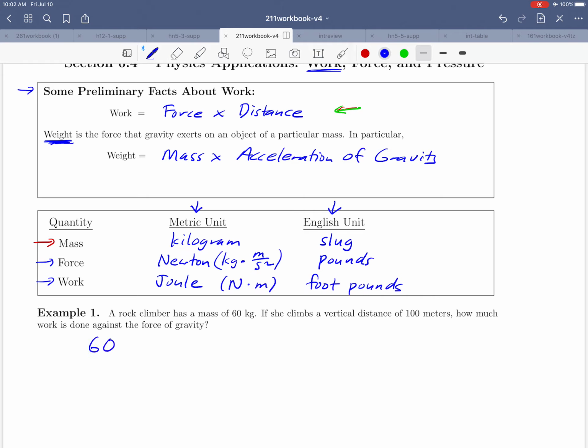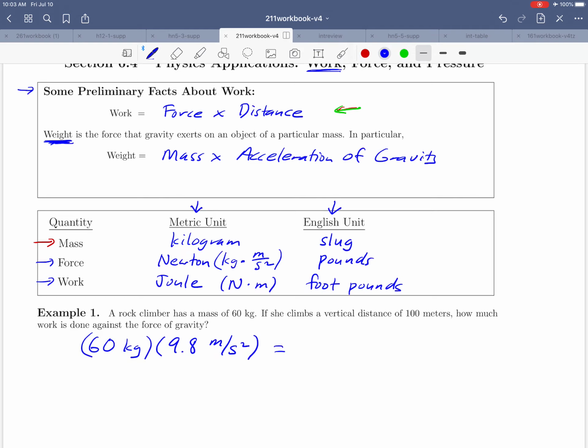Okay, so we'll take the climber's mass, 60 kilograms, multiplied by the acceleration of gravity, which happens to be 9.8 meters per second squared near the surface of the Earth. Okay, so when we talk acceleration of gravity, we'll always be using that 9.8 number.